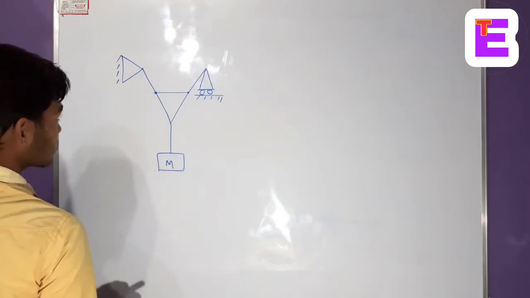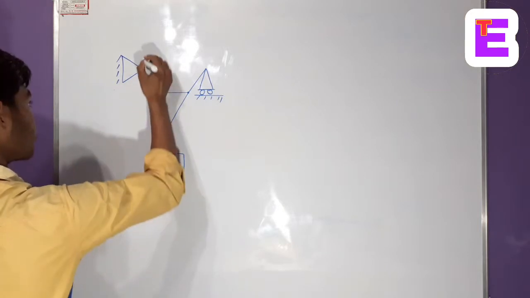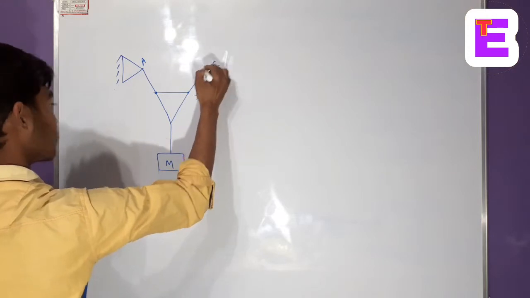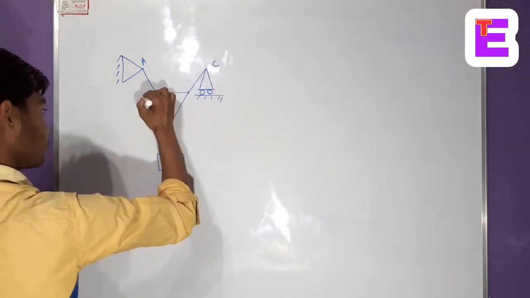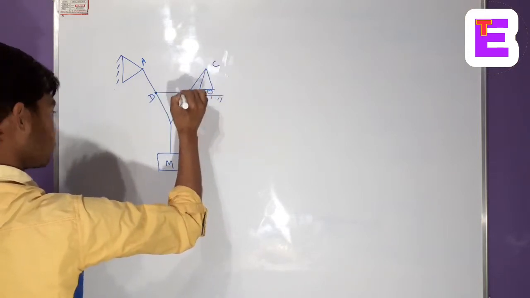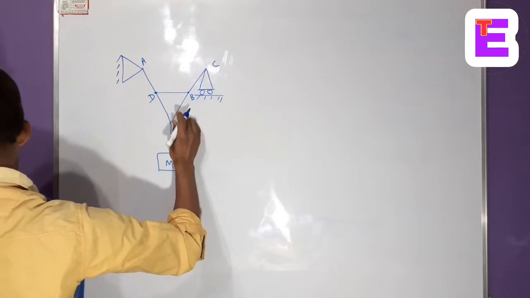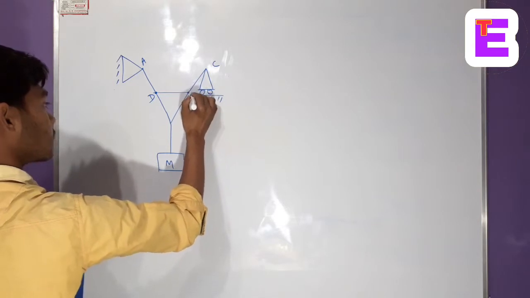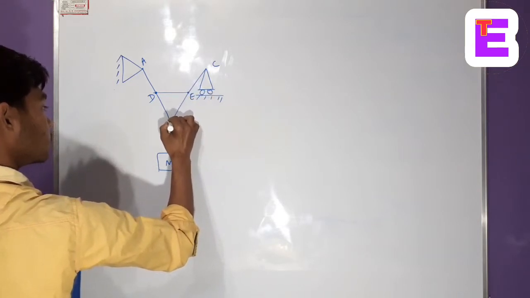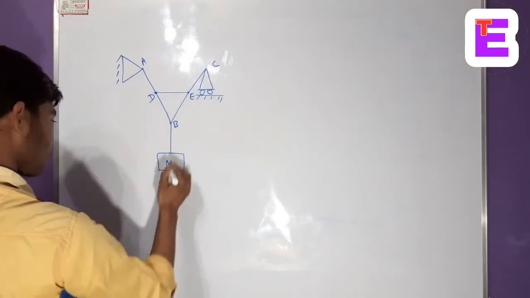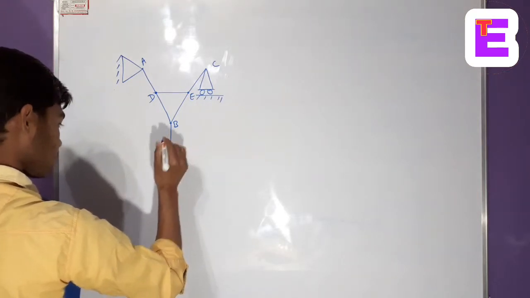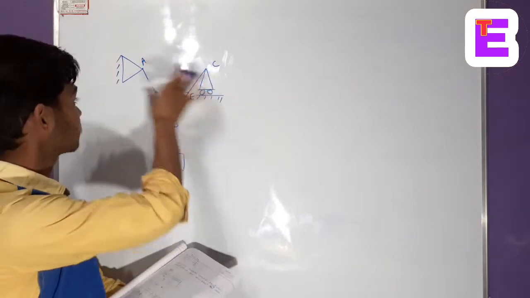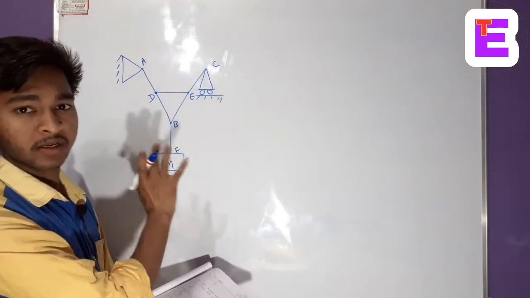Okay, so here we say A, this is point C, D, not B, this is E, and this is point B. Okay, and this is F. Now we want to draw the free body diagram of this complex mechanical system.